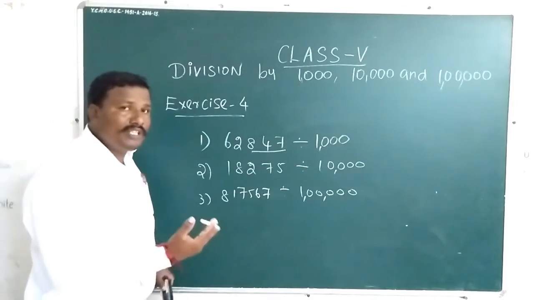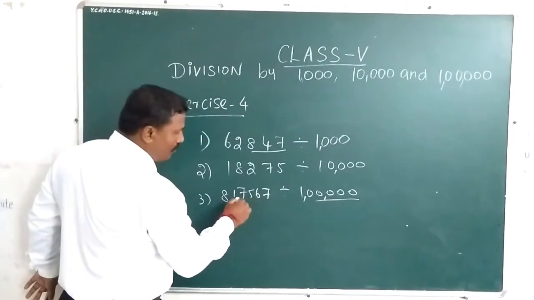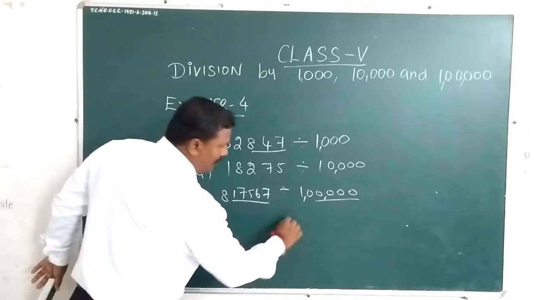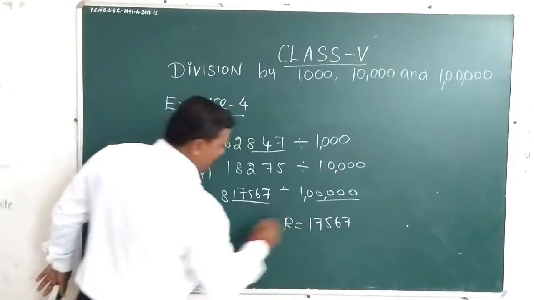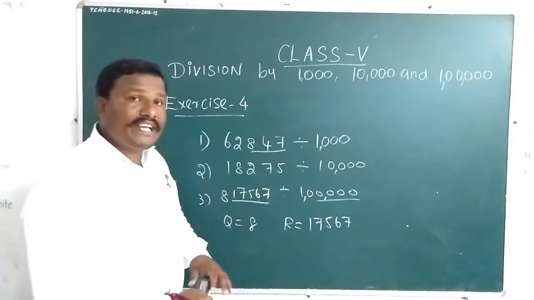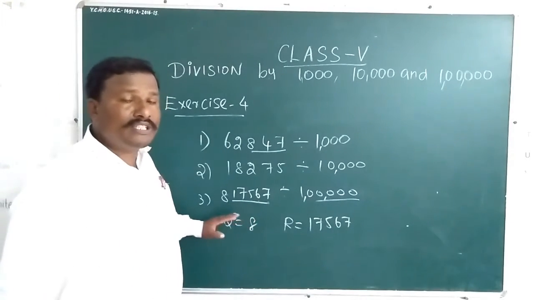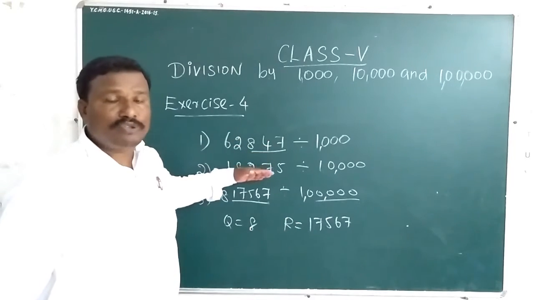So simply without division we can take like this. These 5 digits, 1, 7, 5, 6, 7, are the remainder. Then the quotient is 8. So without division we can find the quotient and remainder when we divide by 1000, 10,000 and lakhs. Okay.